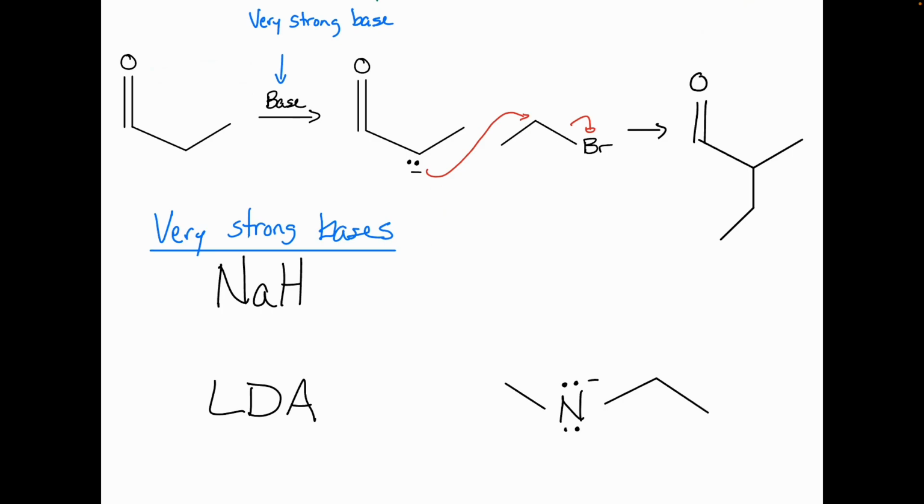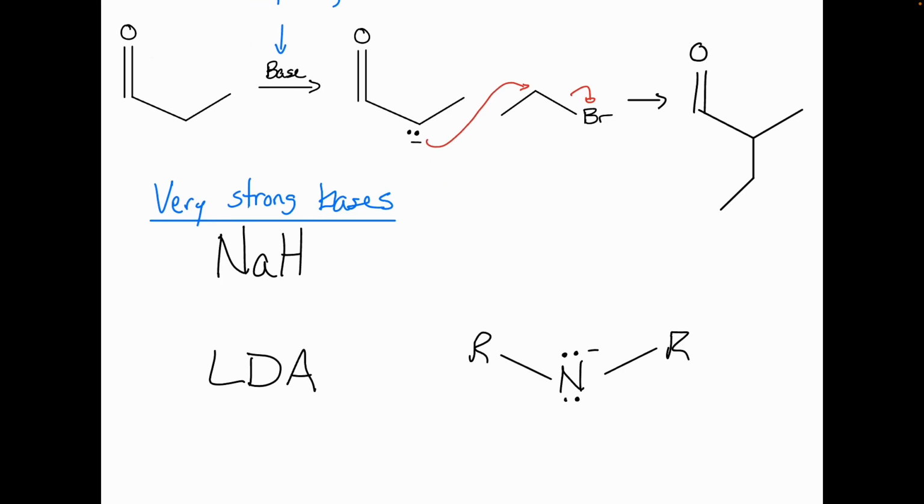Let's just leave them as R groups, because honestly I don't remember how long they are. But this is one of our strong, bulky bases. So it can't be a nucleophile. It's just too big to be a nucleophile. So it's just going to be playing the role of a base here.